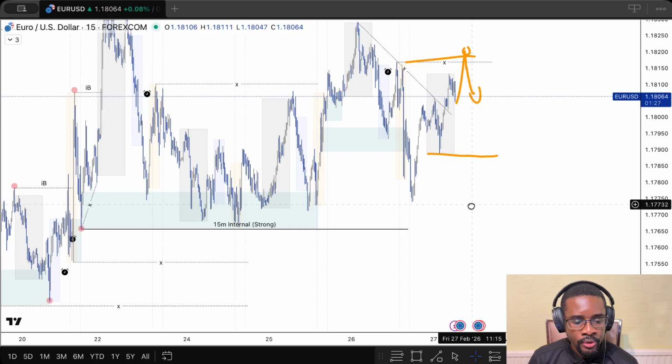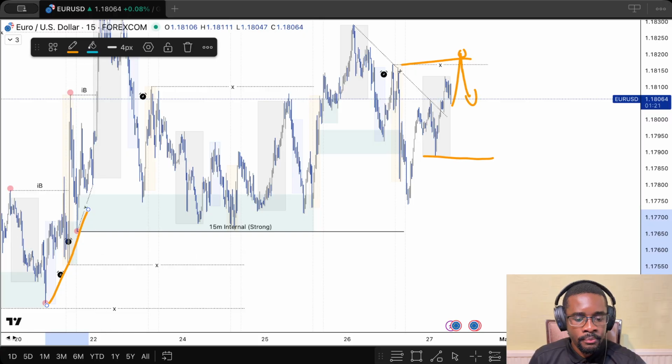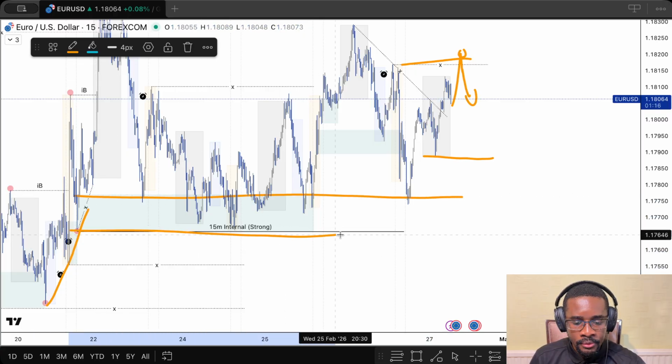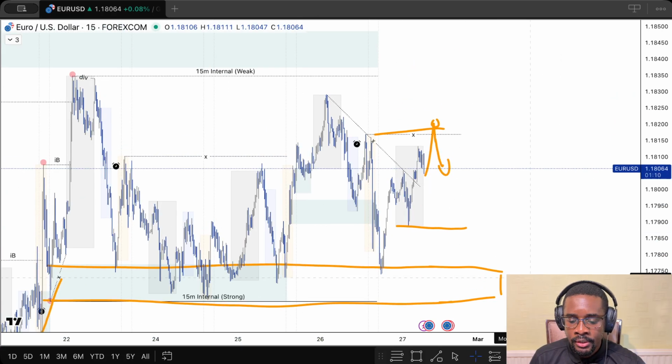You could also try and target, let's see, so we have all of this. We have a trend line back here, and remember, this area has been mitigated multiple times. Yes, it is strong, but it has failed to go on to make a higher high.